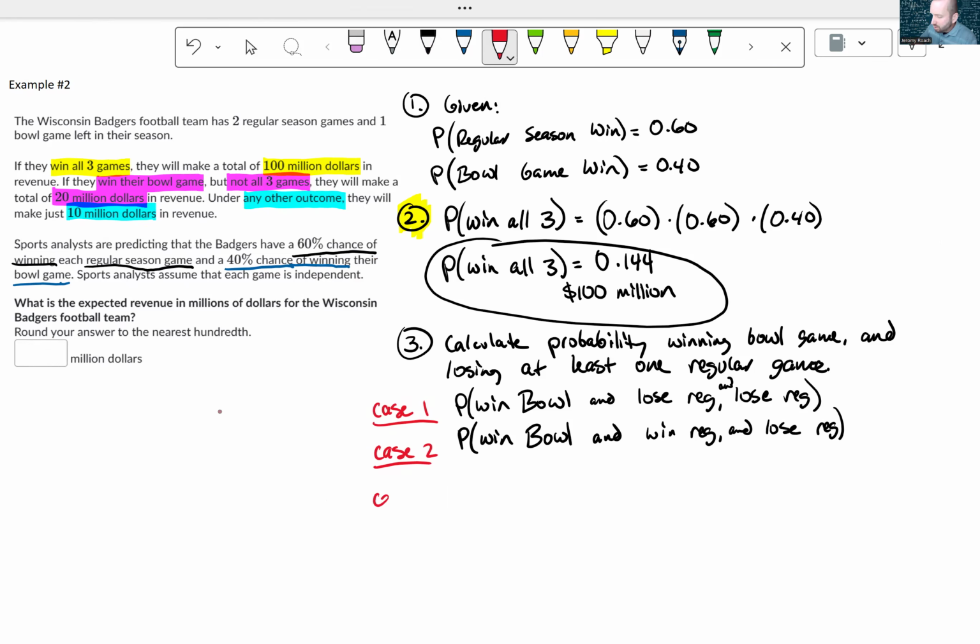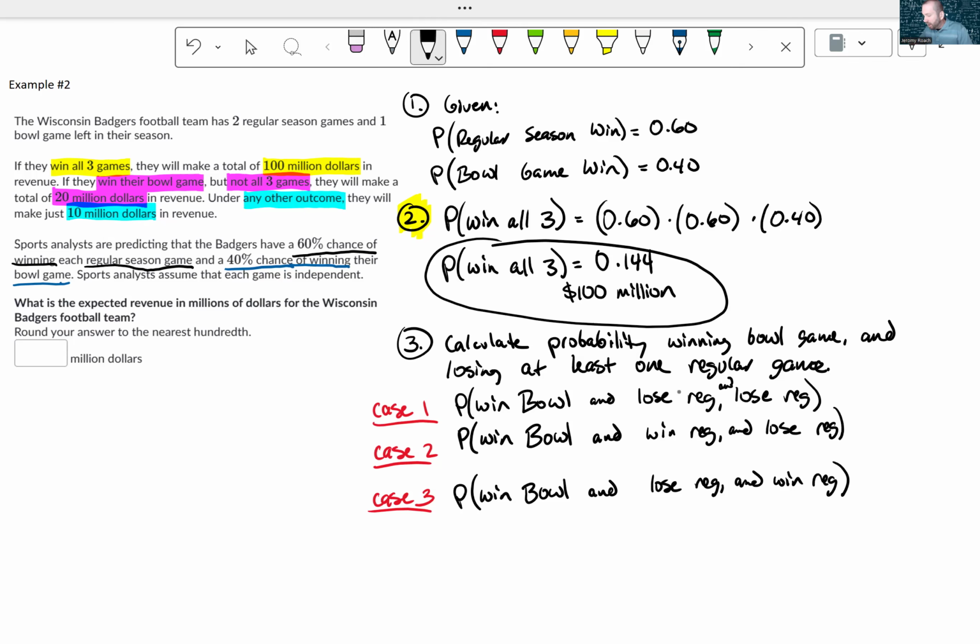Case three is win bowl, lose, lose; win bowl, win, lose. And then the last one is win bowl, and lose a regular game and win a regular game.